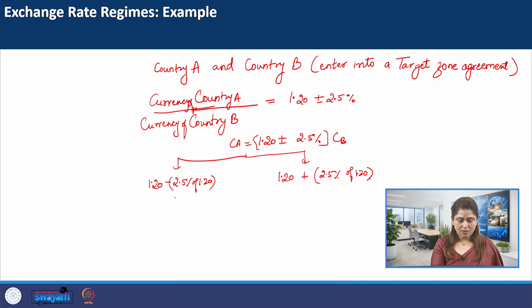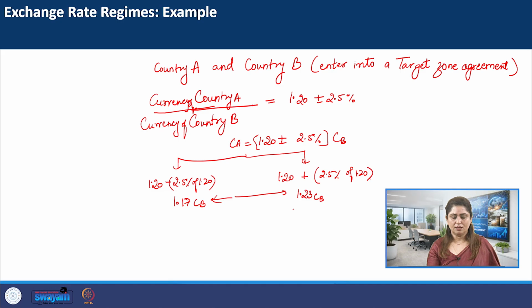Now, this gives us 1.17 currency B and this gives us 1.23 currency B. So, the currencies are going to fluctuate within this band.